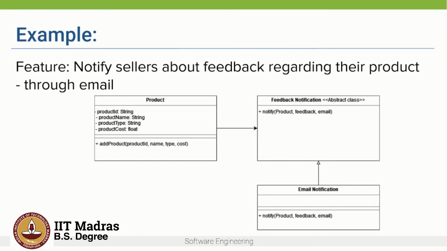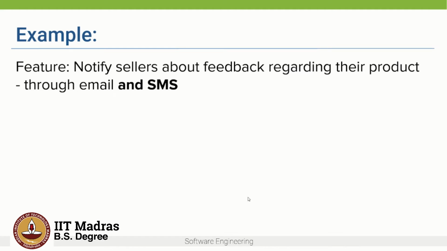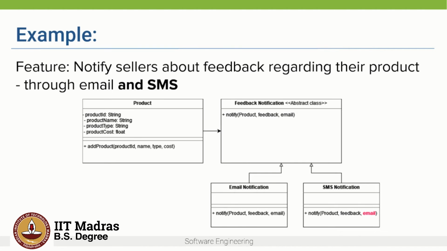Now let's say I want to extend this feature and now I want to notify sellers through email as well as SMS. So what we can do is create another class known as SMS notification, which extends feedback notification, right?